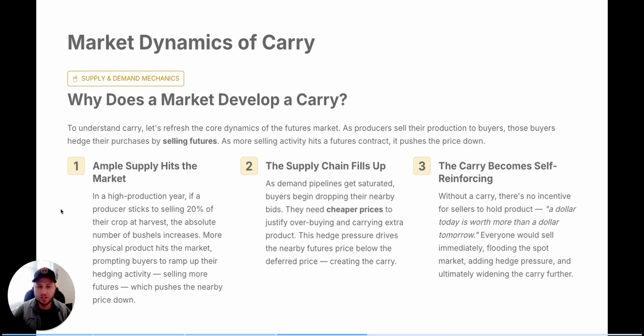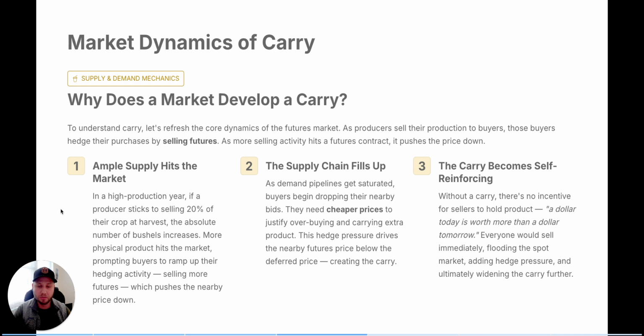So in a high production year, if you're a producer that sticks to, say, selling 20% of your crop at harvest, the absolute number of bushels increases, right? So that would be more supply hitting the market, prompting buyers to ramp up their hedging activity, meaning they're selling more futures.